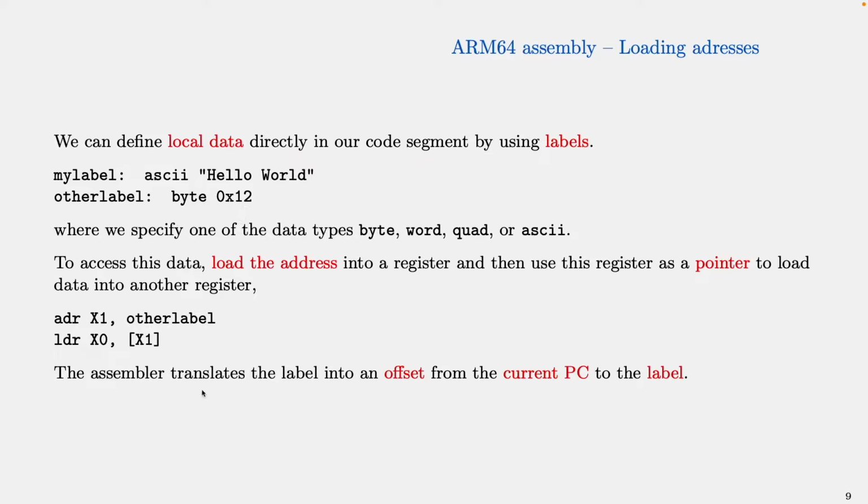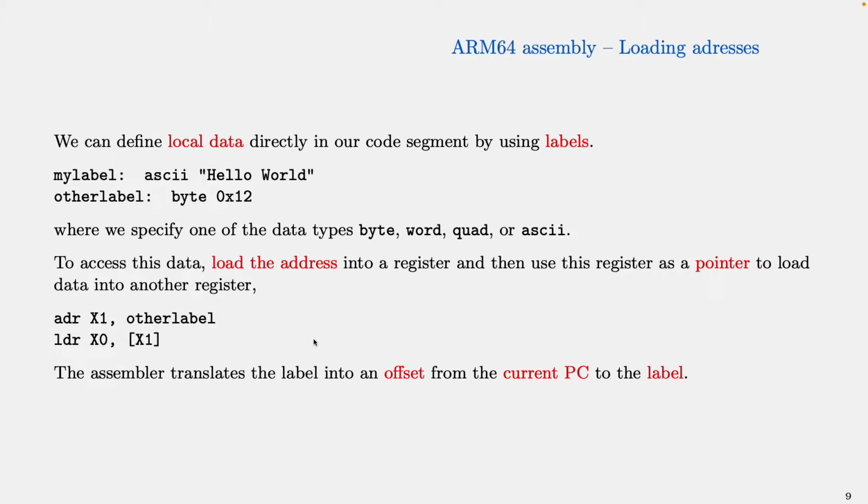So how does the assembler deal with these labels? What happens is the label upon assembly gets replaced by an offset value, and that is the offset to the current position of the program counter. And then the address instruction at runtime adds this offset to the program counter, whatever that value might be at this point, and stores this in x1.